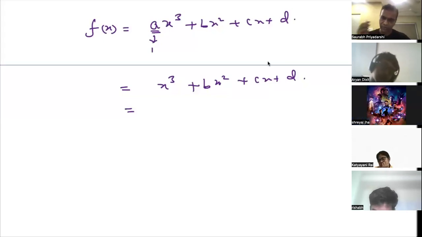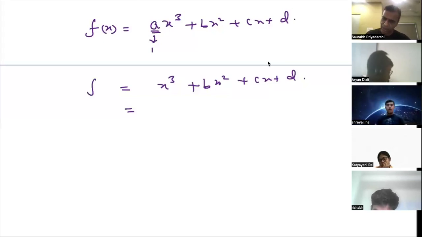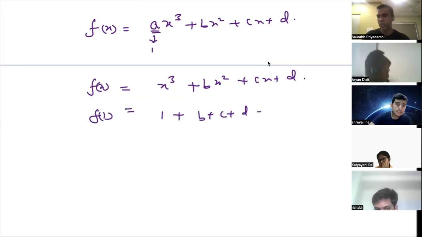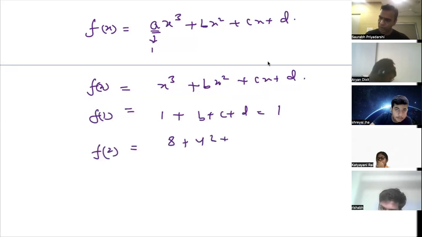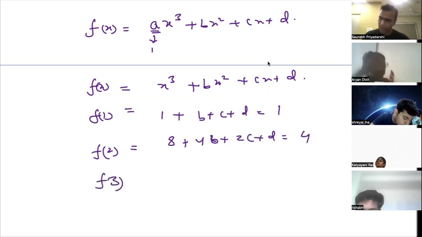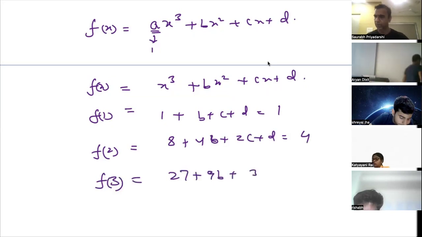Is this okay, everyone? And this is given as f(x). And f(1) means 1 plus b plus c plus d is 1, f(2) is 8 plus 4b plus 2c plus d is equal to 4. And f(3) is 27 plus 9b plus 3c plus d is equal to 9.